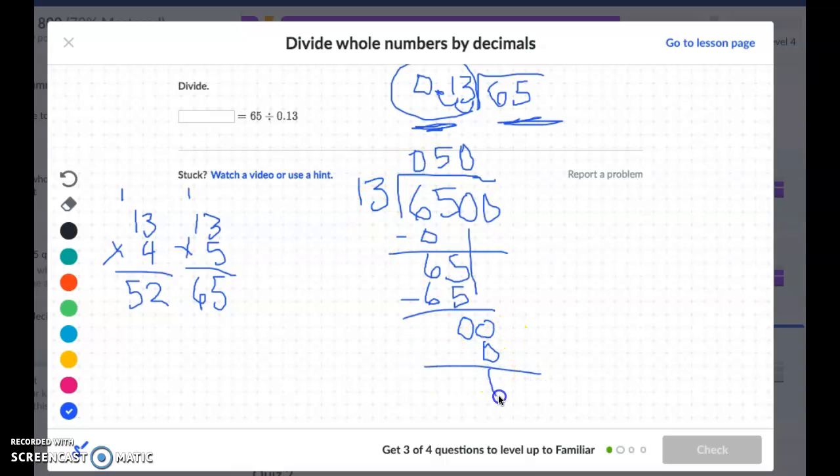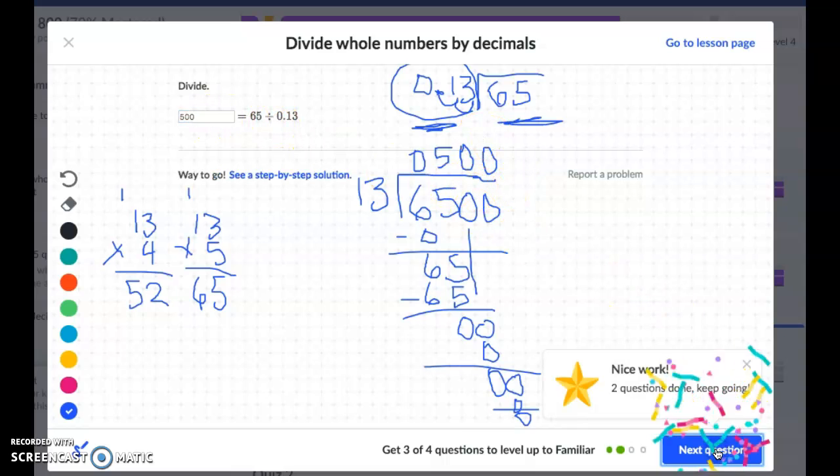Subtract and I get 0. Bring down my 0. 13 fits into 0, 0 times. 0 times 13 would be 0, and I would get a remainder of 0. So I get a remainder of 0, and there's nothing left to bring down. Those two things together tell me that I'm all done. So my answer is going to be 500.